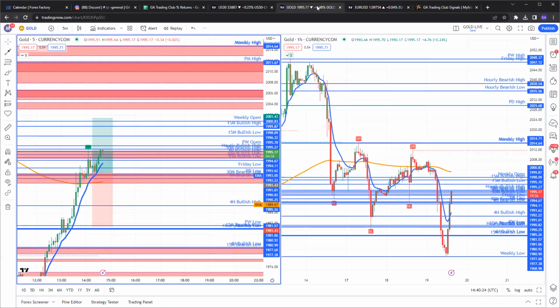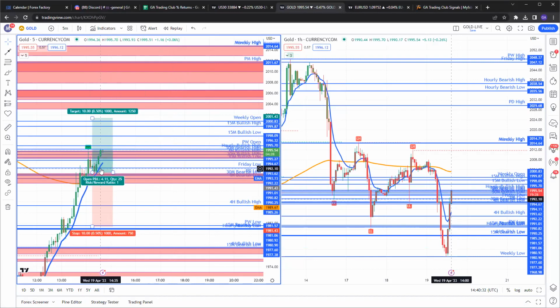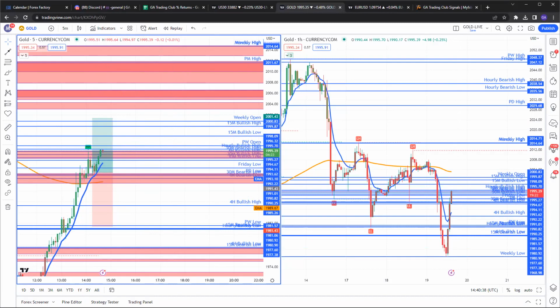Okay, so gold is still pushing up. Gold is in profit. For me, I exited early because I told you guys I was going with a 1.5% risk, so I just went for a 30 pips take profit. I'm already out for the day on that particular trade.